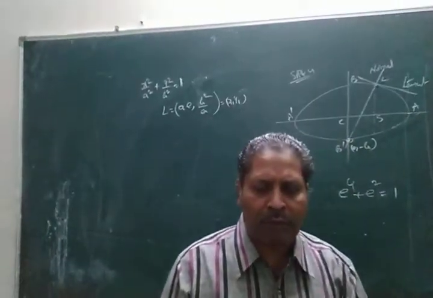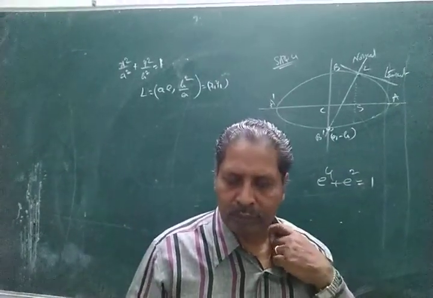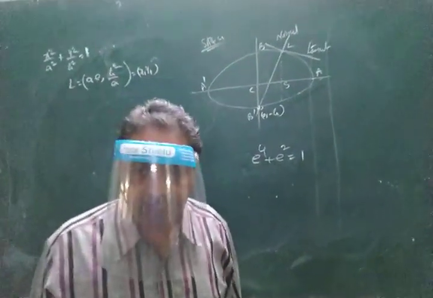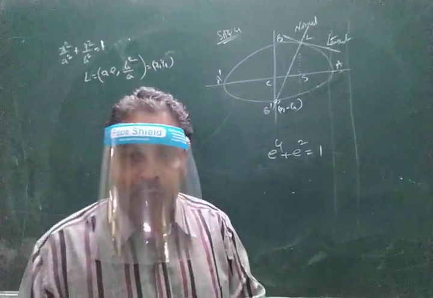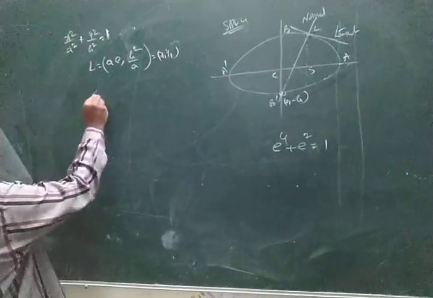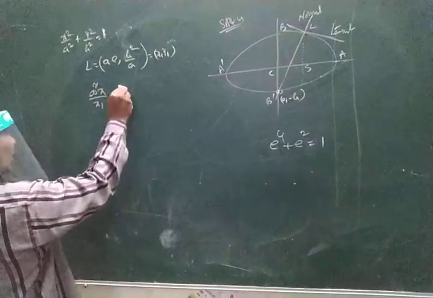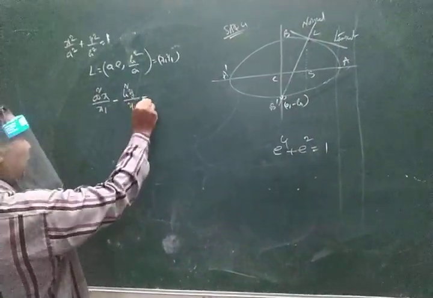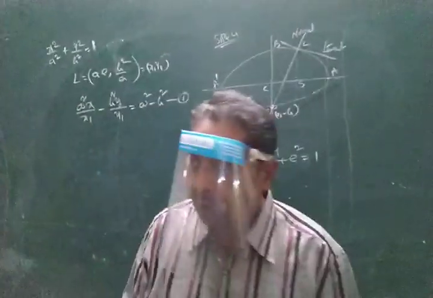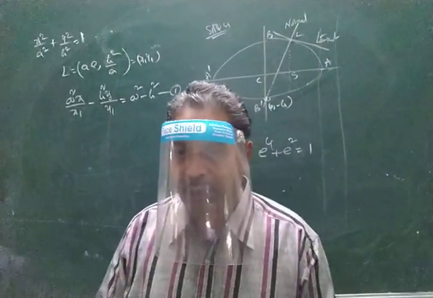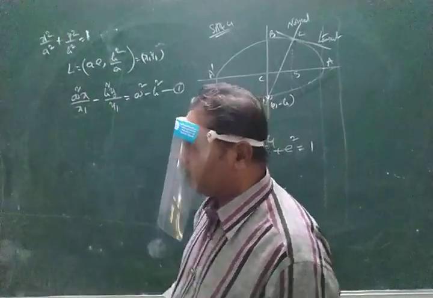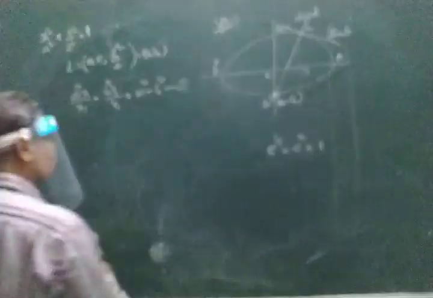Equation of the normal at the point x1 y1 is a square x by x1 minus b square y by y1 equal to a square minus b square.